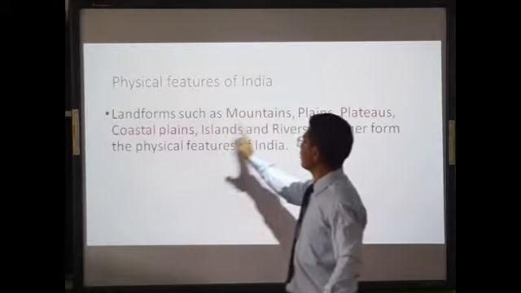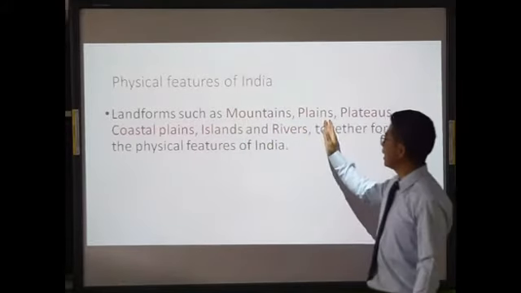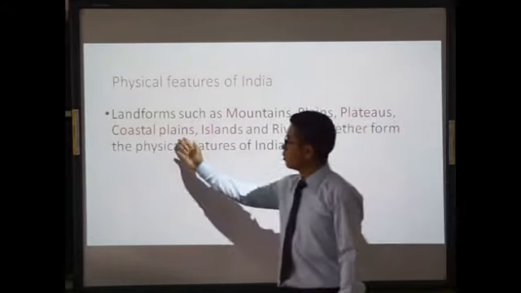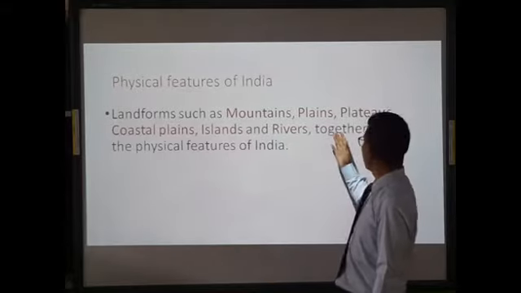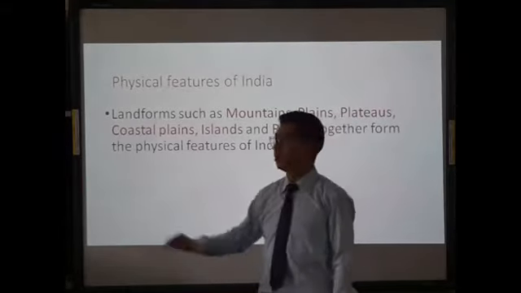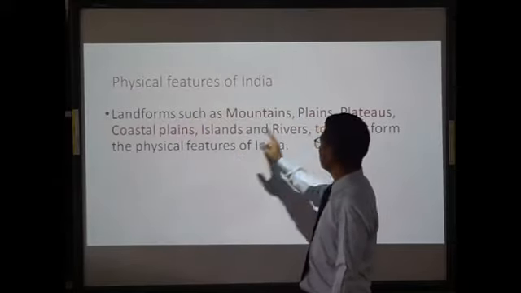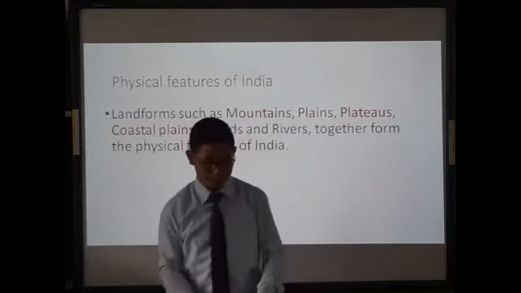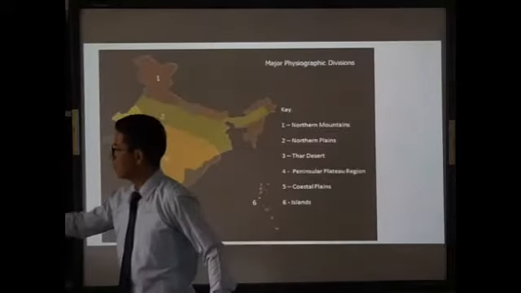Landforms such as mountains, plains, plateaus, coastal plains, islands and rivers together form the physical features of India. So these all constitute what? Physical features of India. Now let's start with the first.